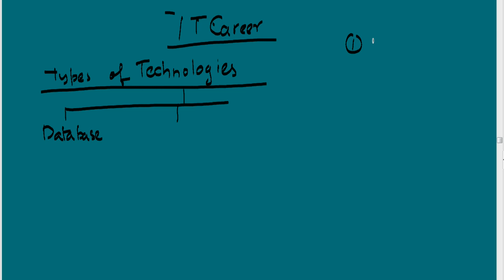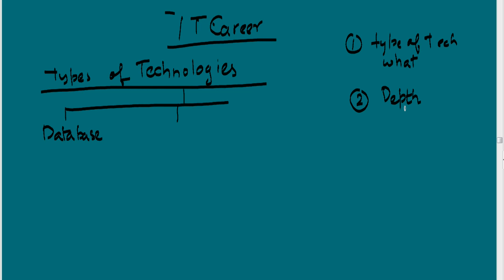For example, the type of tech, or what specific technology. Second one is the depth.